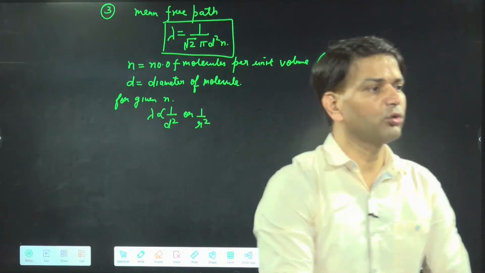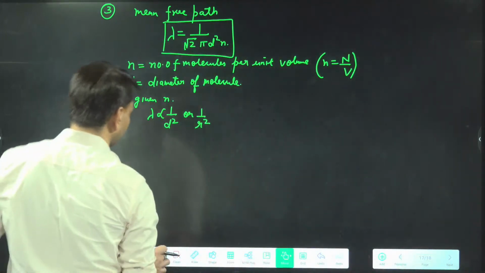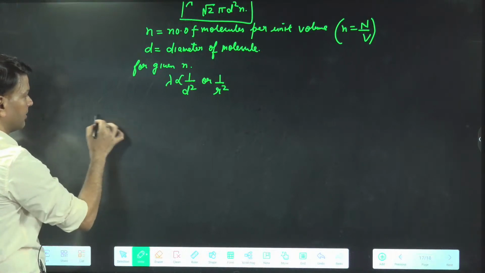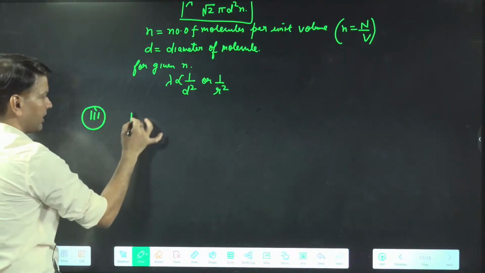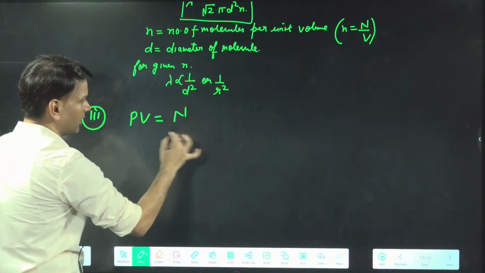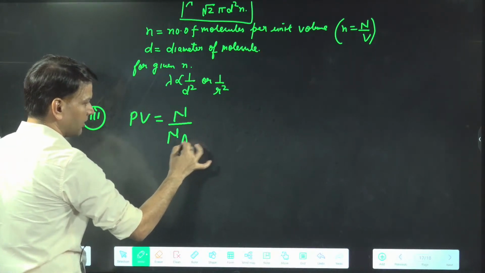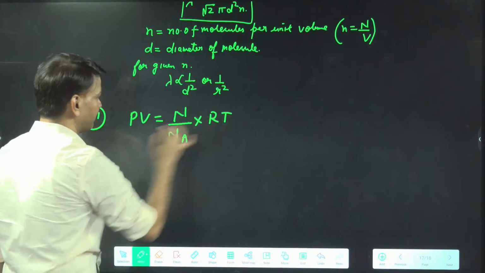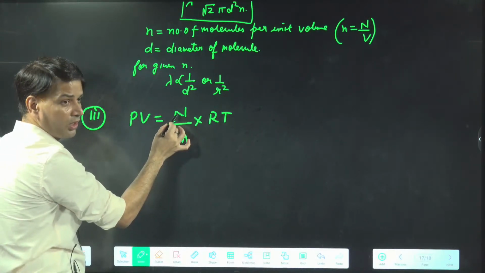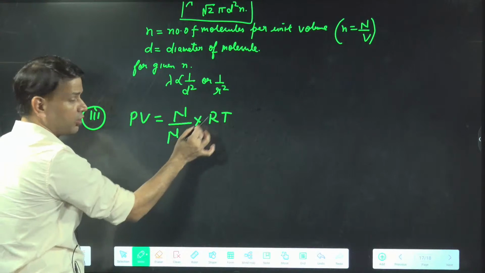This number of molecules per unit volume we can write in another way. We know the ideal gas equation. PV is equal to number of moles. Number of moles I can write as number of molecules upon Avogadro number into RT.